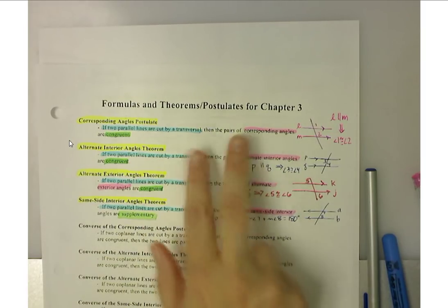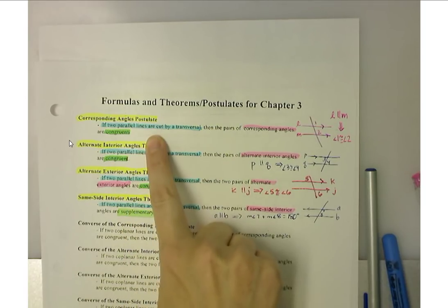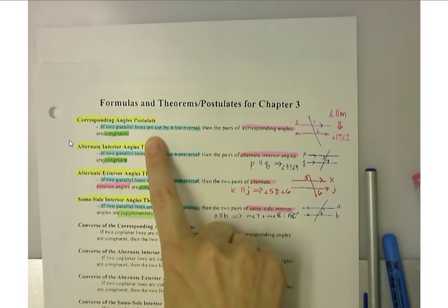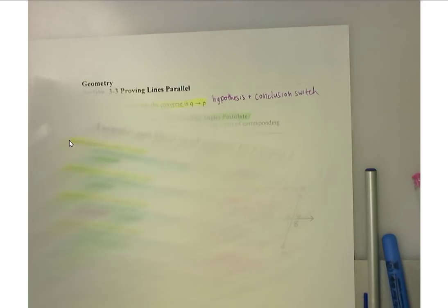So if I'm going to switch these around, instead of saying if two parallel lines are cut by a transversal, that's now going to be my conclusion. This is going to be my hypothesis. So let's look at this.